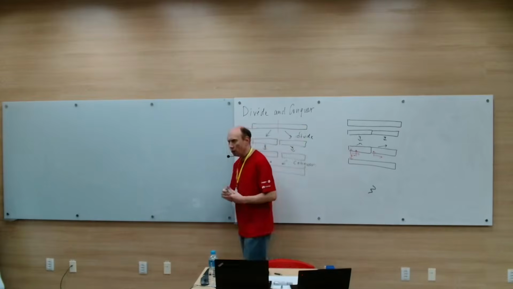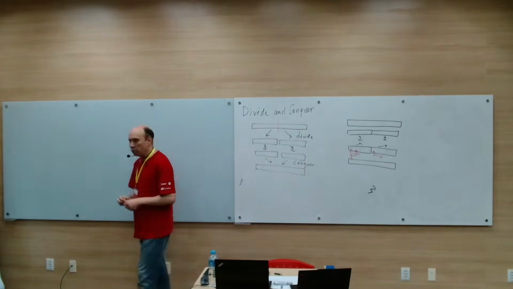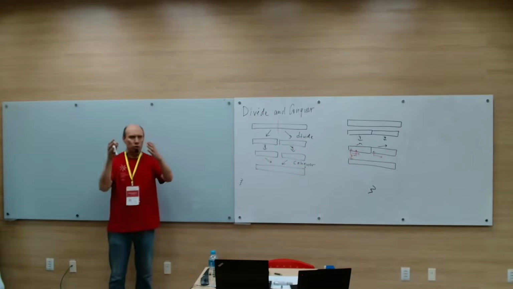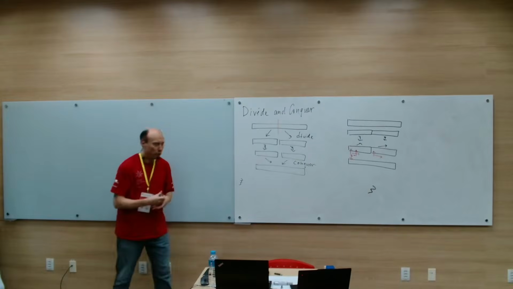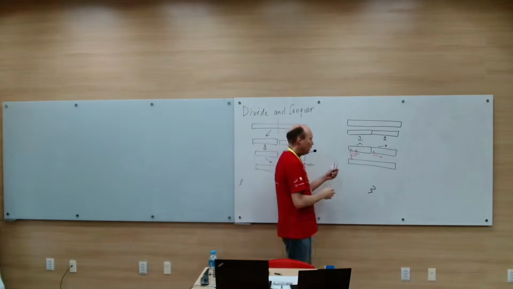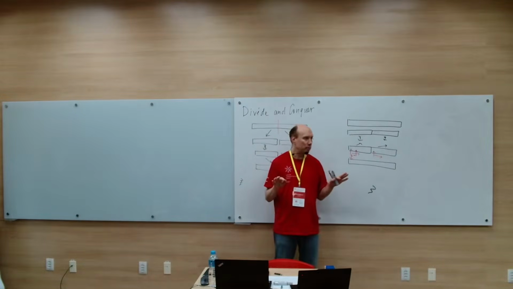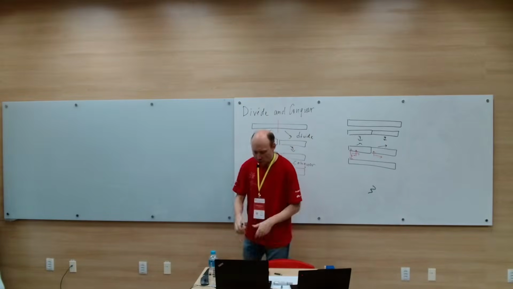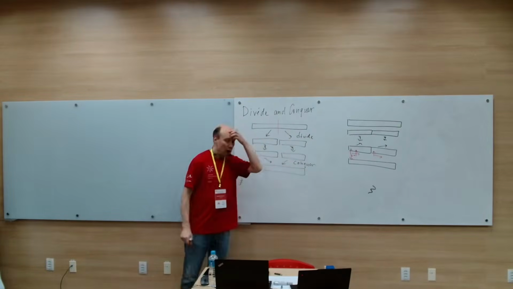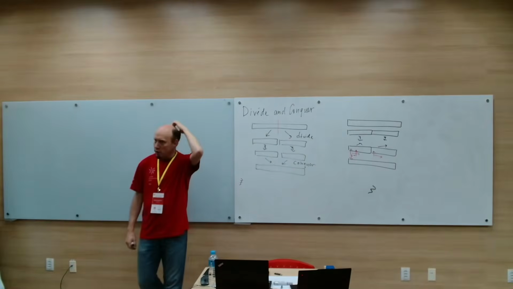And when one of the halves is empty, the other part just goes to the resulting array as is. So this is merge sort. Everybody knows merge sort, just to make sure I don't need to give more details, yeah? Okay.